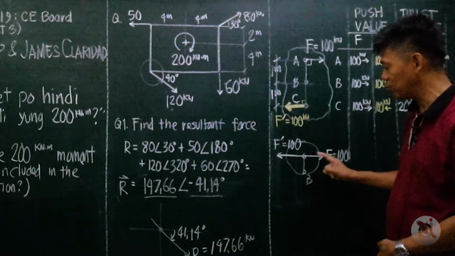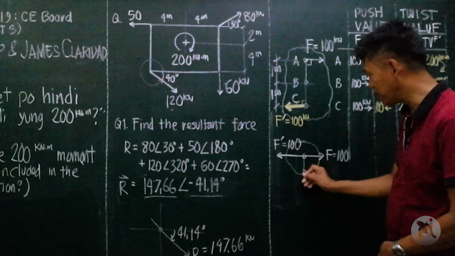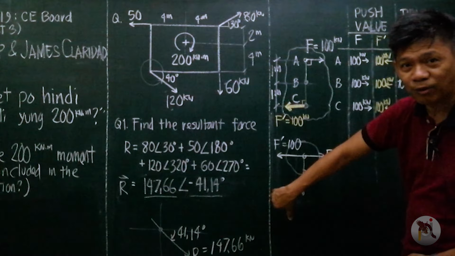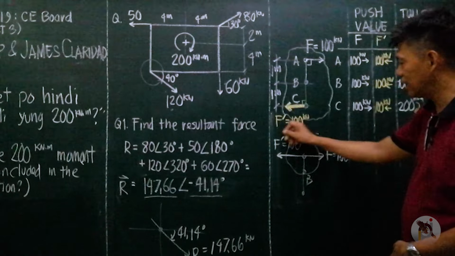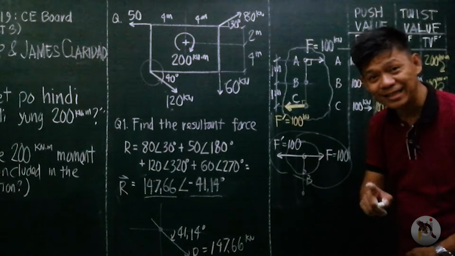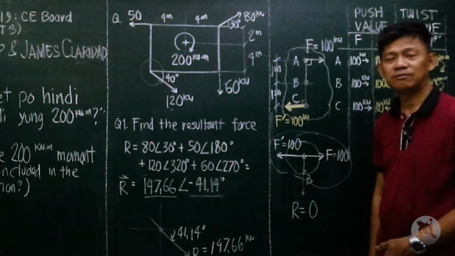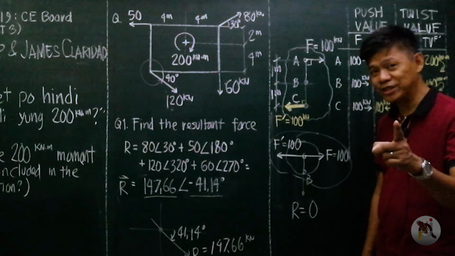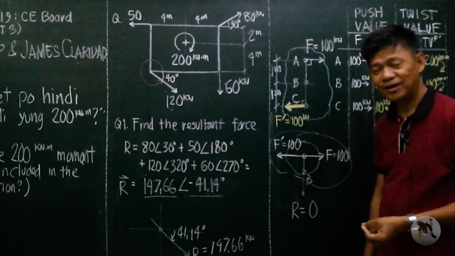So the resultant twist value is also 0. The resultant twist value at C is 200 clockwise, 200 counterclockwise. So the resultant twist value is 0. So we say that these two forces, the resultant really is 0. Right? You get it? Push value 0, twist value at any point is 0.